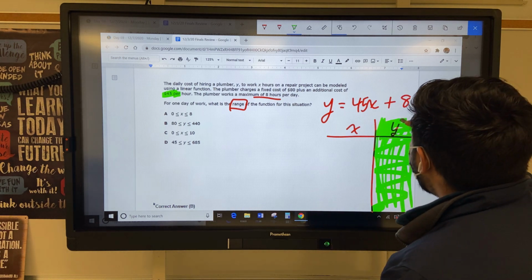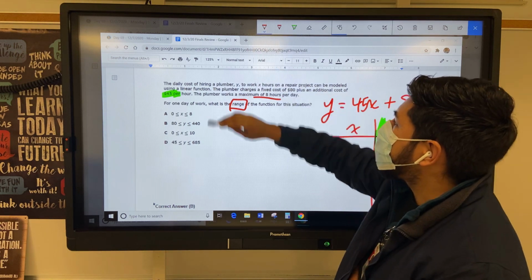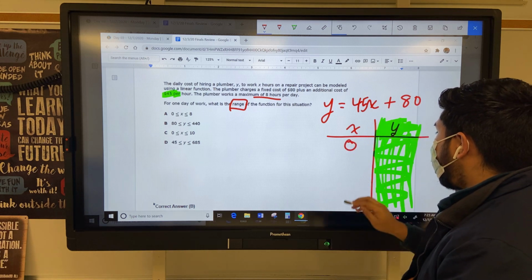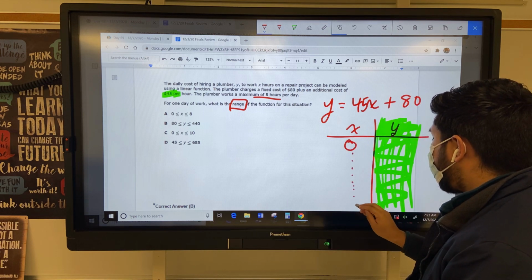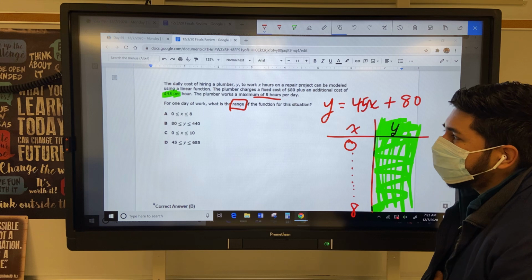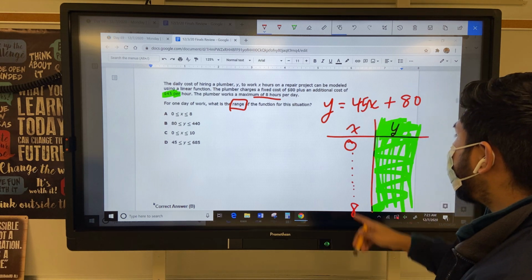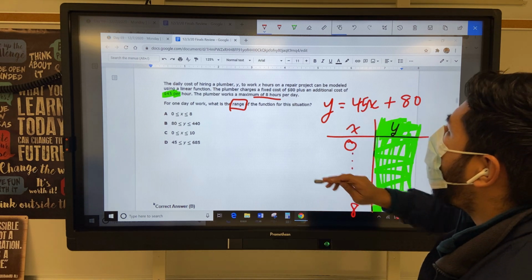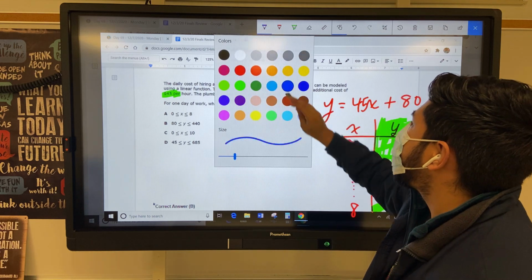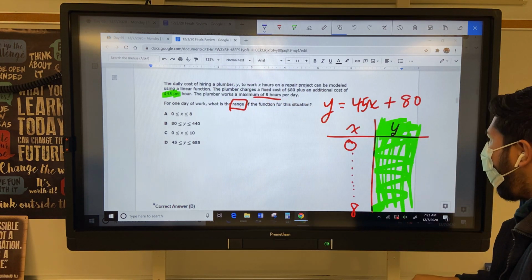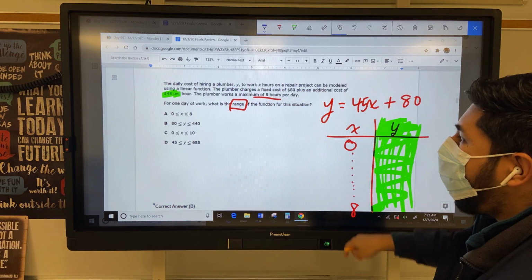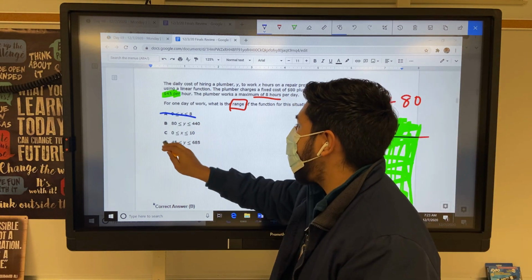Long time ago already, I know. You got to start with 0 and go all the way to 8. Okay? What do we do with that? Check it out. It's been a little bit, I understand. Remember, we're looking at Y. Don't look at 0 for X, so that cancels out A and C.